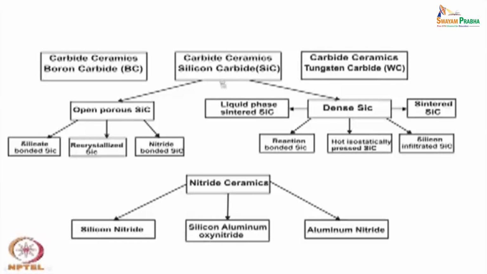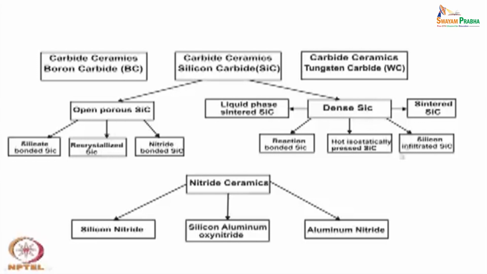Silicon carbide is extensively used as a structural ceramic, and then you have tungsten carbide, which has been known for quite some time but can also be grouped under ceramics because it is basically a carbide. Tungsten carbide has been used as cutting tools for a long time, but today it has been replaced in some cases by more advanced ceramics like silicon aluminum oxynitride or even silicon nitride and so on.